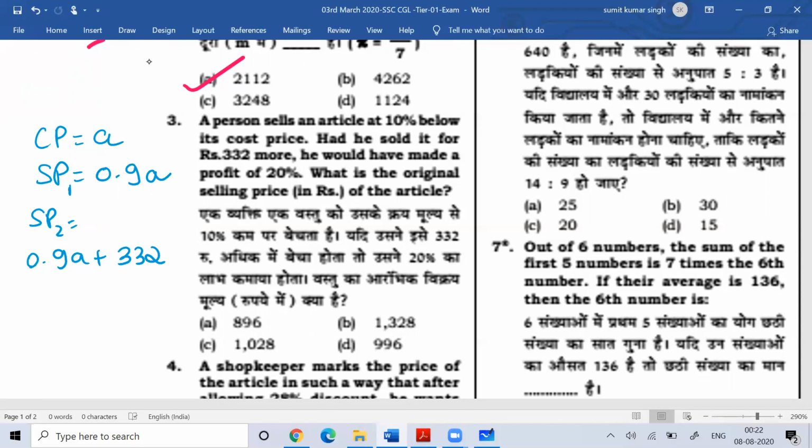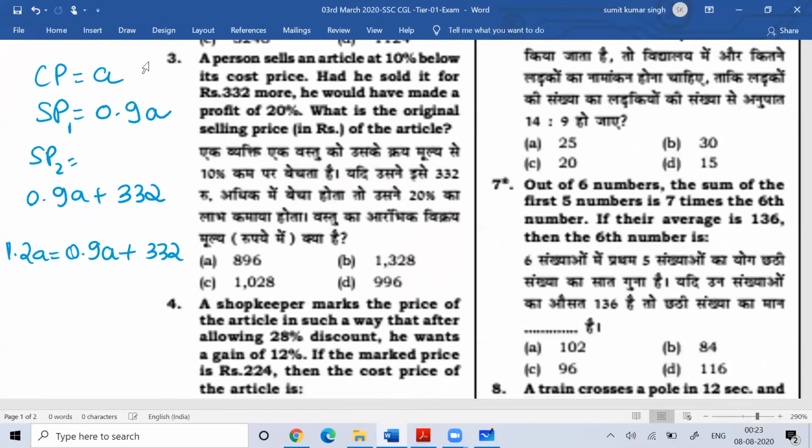So in that case, the selling price would be 1.2A. So 1.2A will be equal to 0.9A plus 332. So then 0.3A is equal to 332.